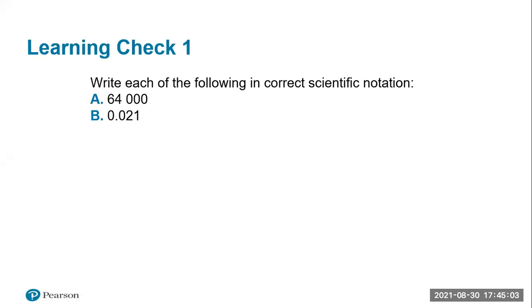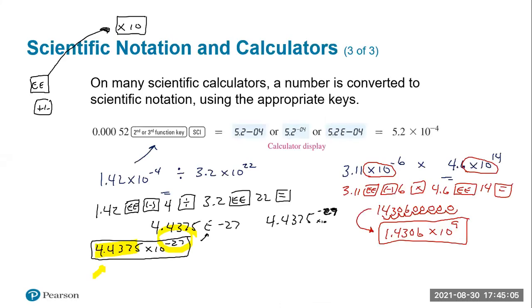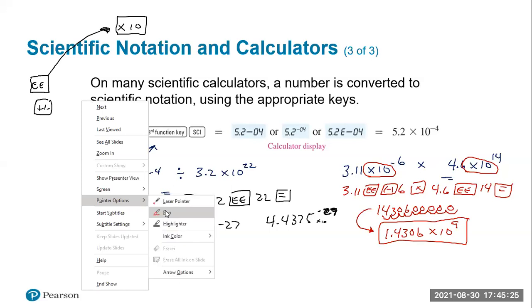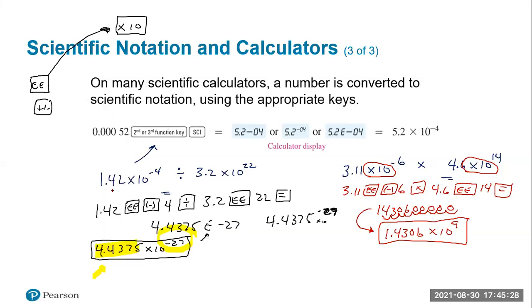Where's that slide? It's got to be here somewhere. There it is. Remember a couple of important things we talked about with scientific notation. The first one, obviously, is that it does need to be a number between 1 and 10. When we look at the part before the times 10 part, it should again be a number between 1 and 10.